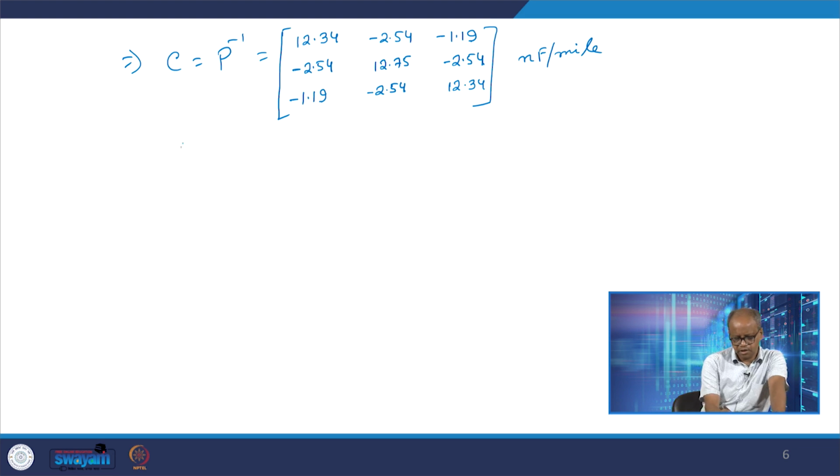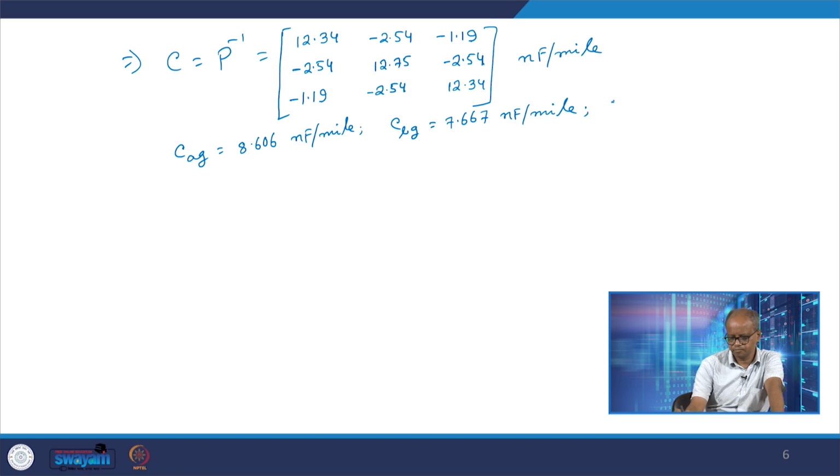So from there we can calculate CAG is equal to this minus this. So that's how 8.606 nanofarad per mile, CBG is equal to 7.667 nanofarad per mile, and CG is equal to 8.606 nanofarad.